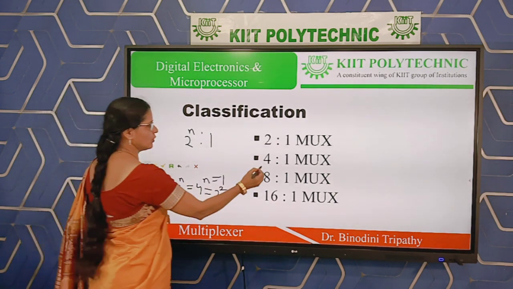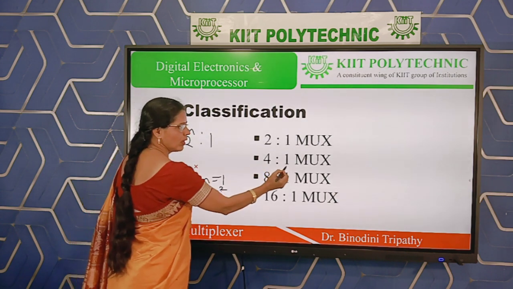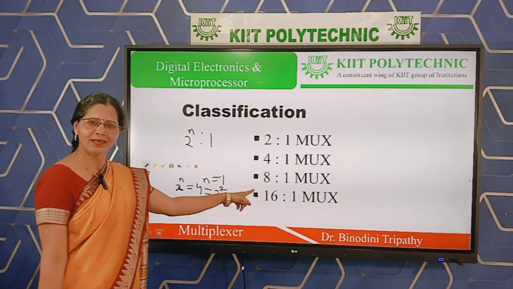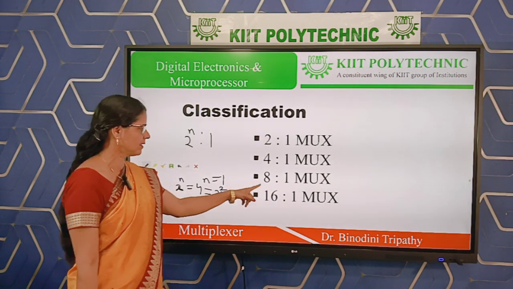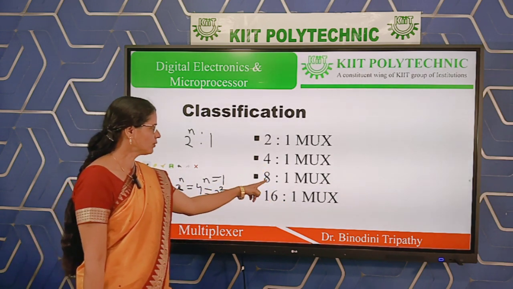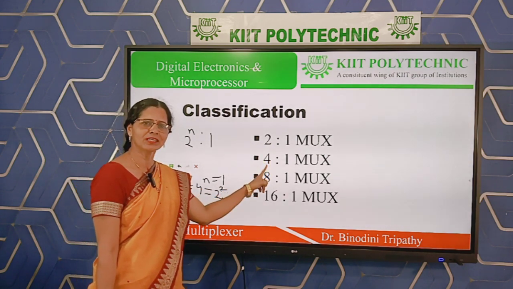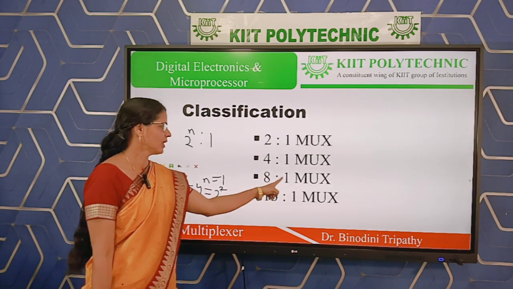That means you have 4 input signals, 2 selection inputs, 1 output. Similarly, in case of an 8:1 multiplexer, 8 means 2 to the power 3. So you have a total of 8 input signals. n is 3, so 3 selection inputs you have to use and 1 output.